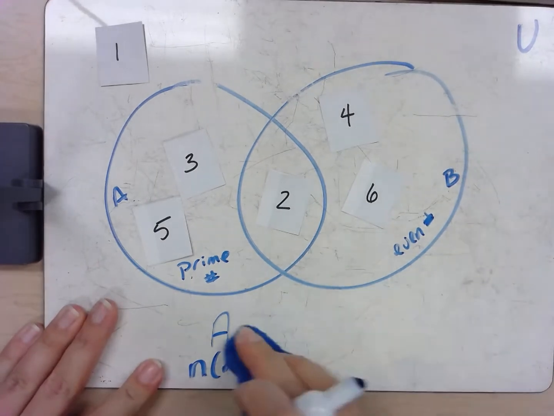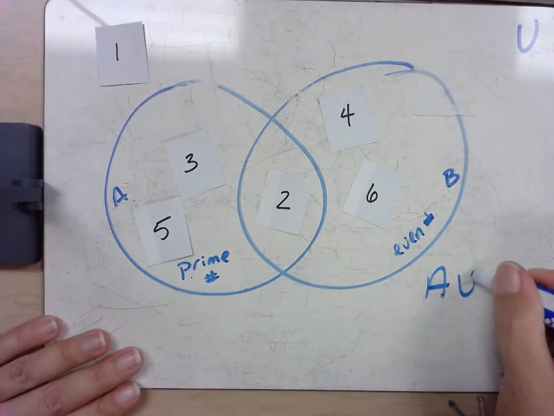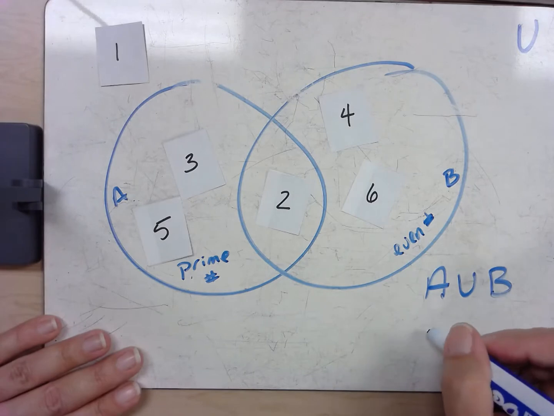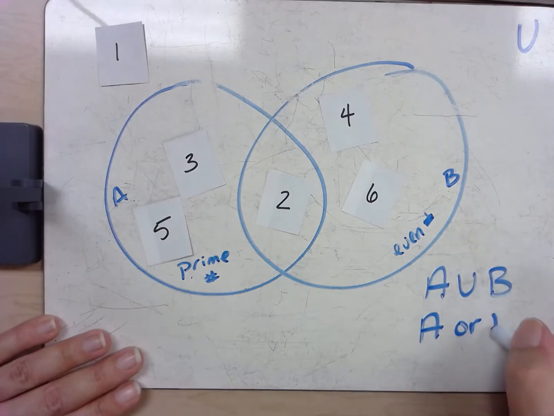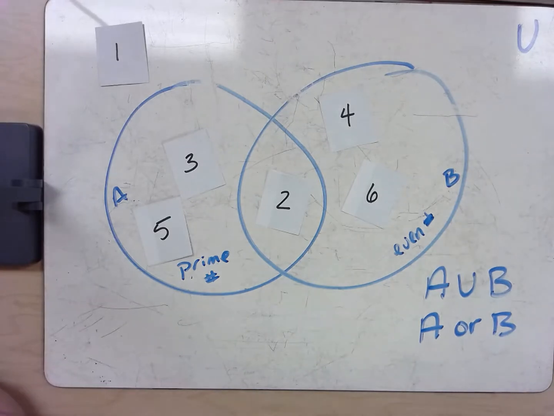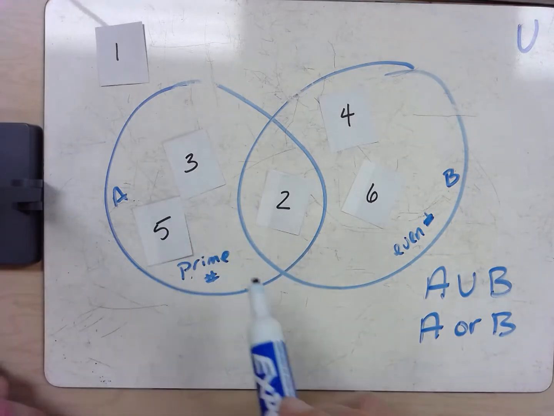So let's look at another subset, and that subset would be A or B. We use a U shape to represent the or, or you might just see it written out A or B. And when we do that, we're just going to look at everything in both sets. We know that in set A, we have a 2, a 3, and a 5.